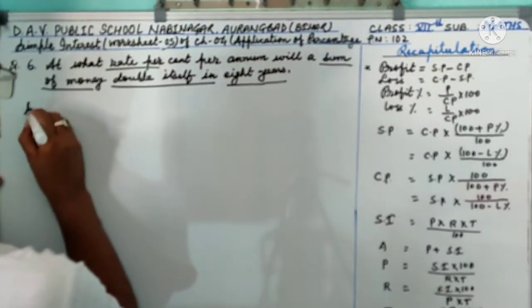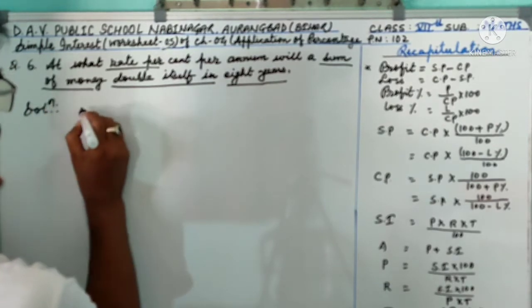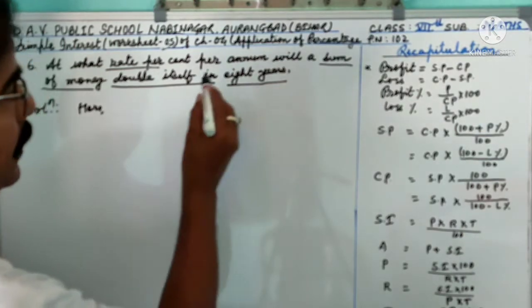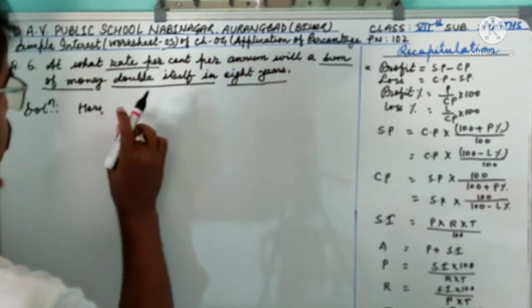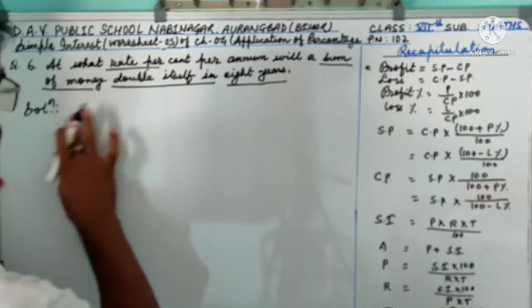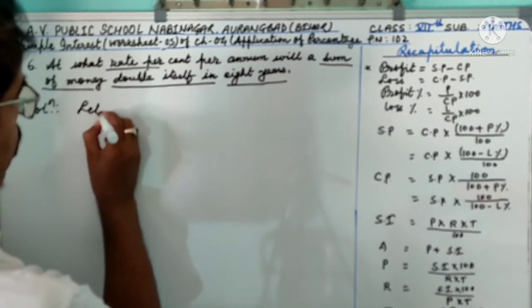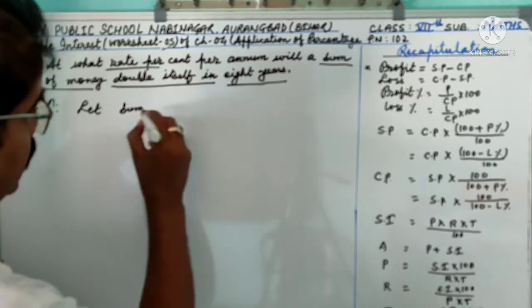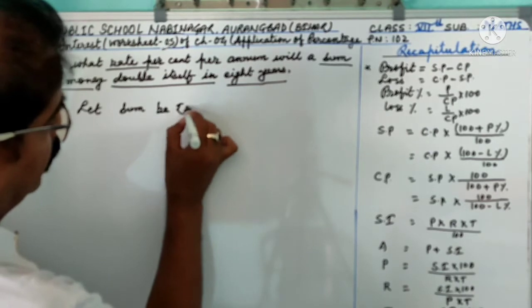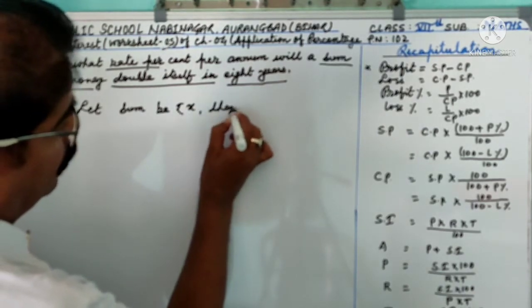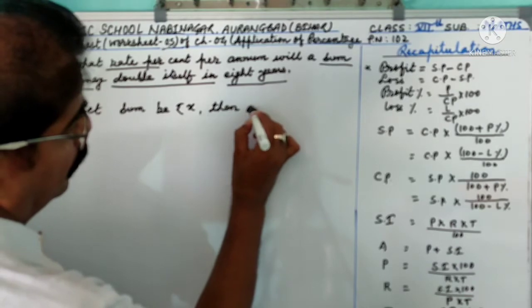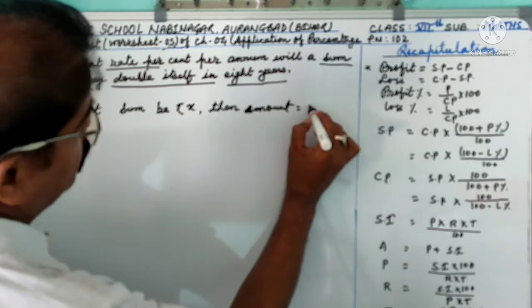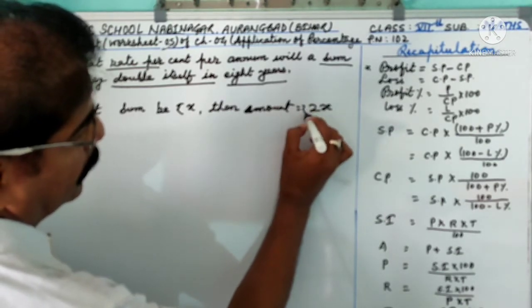So dear students, here given, let the sum, that is principal, be rupees X, then amount equals double, that means 2x.